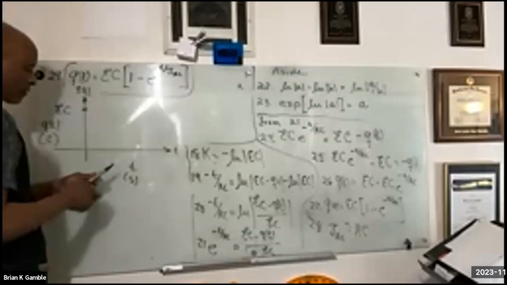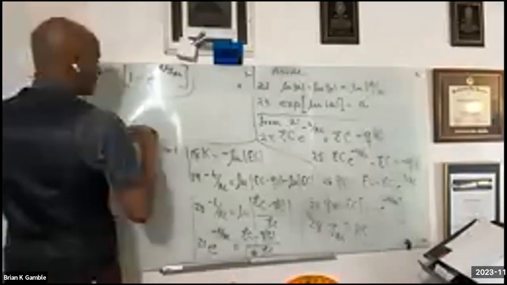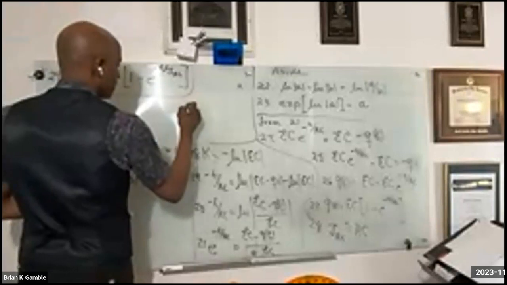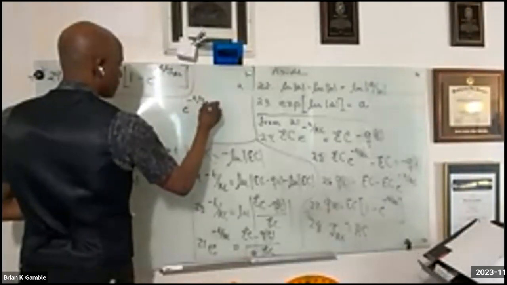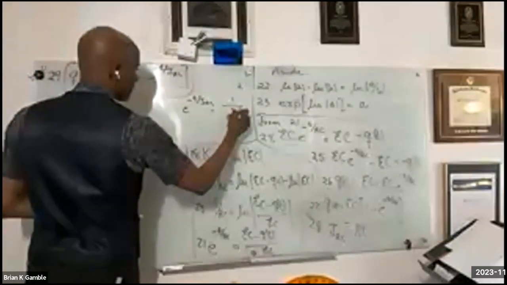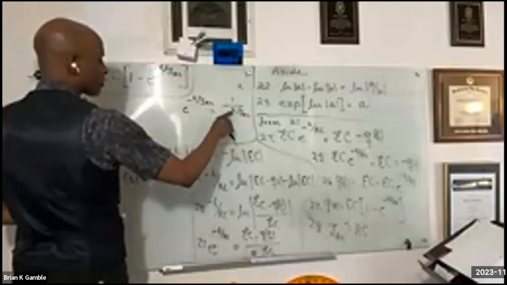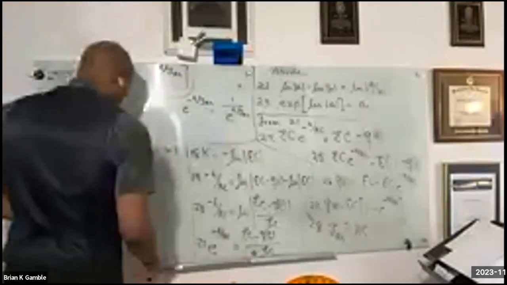So you could write this term, e to the minus t over tau RC, as the same thing as 1 over e to the t divided by tau RC. So as time increases, this thing blows up and the whole number goes to 0.